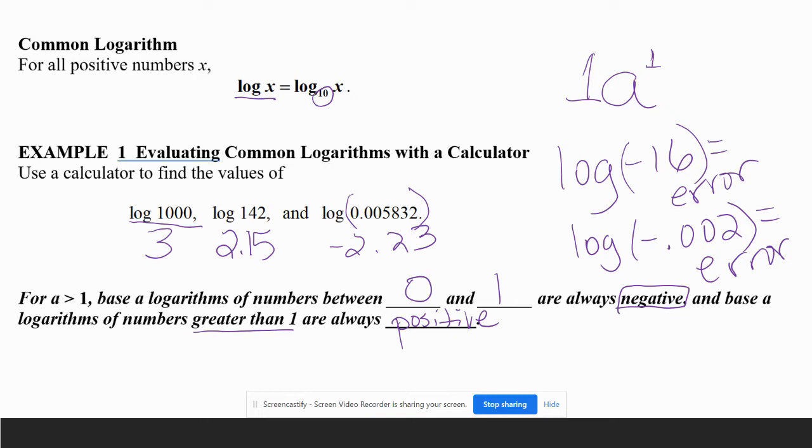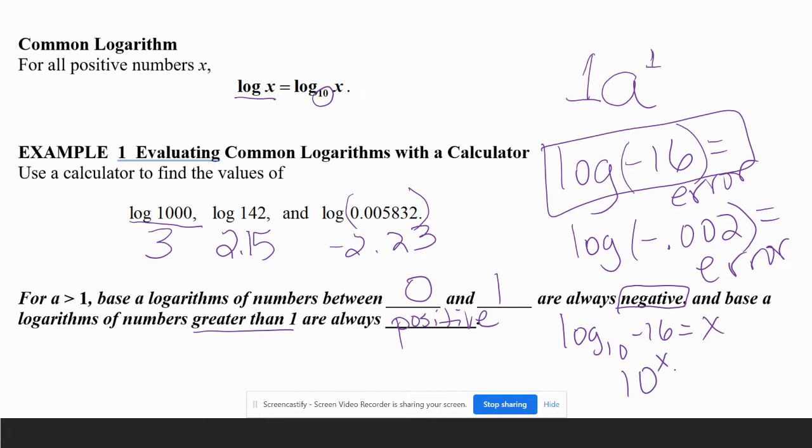Remember, we're asking the calculator, for example, log base 10 of negative 16. 10 to what power is negative 16? Well, I can replace x with any positive number, and I just get big numbers. They keep adding zeros. I can put 10 to the 0 power, and I would get 1.